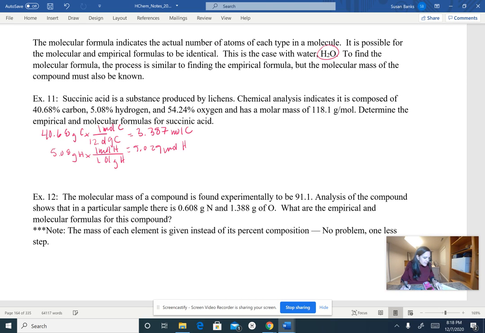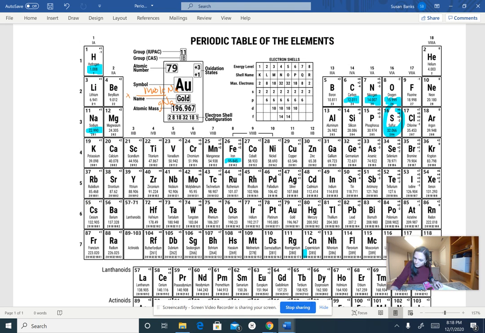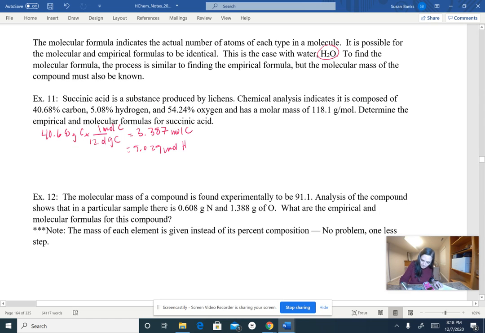Okay, and then I have 54.24 grams of oxygen. And we've dealt with oxygen a lot. In 1 mole of oxygen, I have 15.999, which will simplify to 16.0.